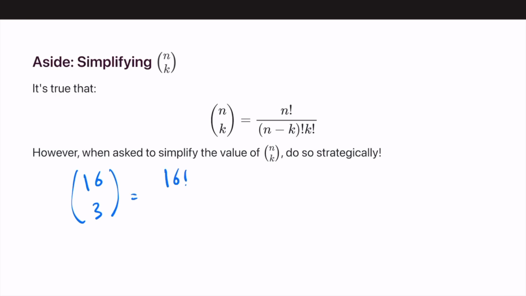We have 16 factorial over 3 factorial and 13 factorial.